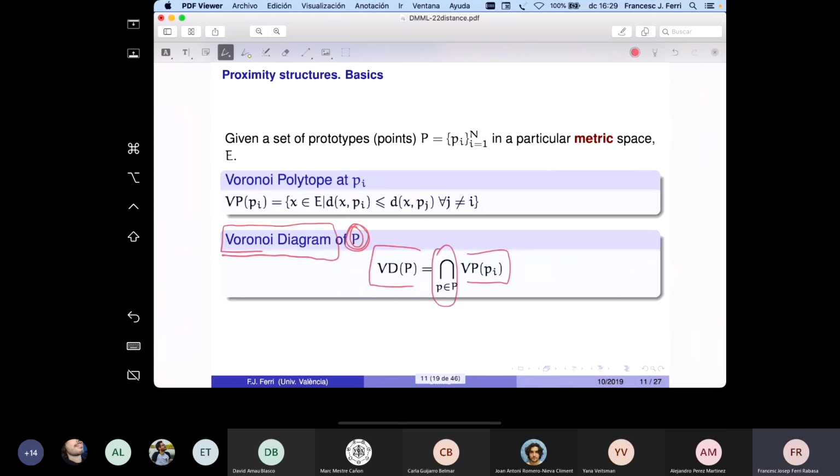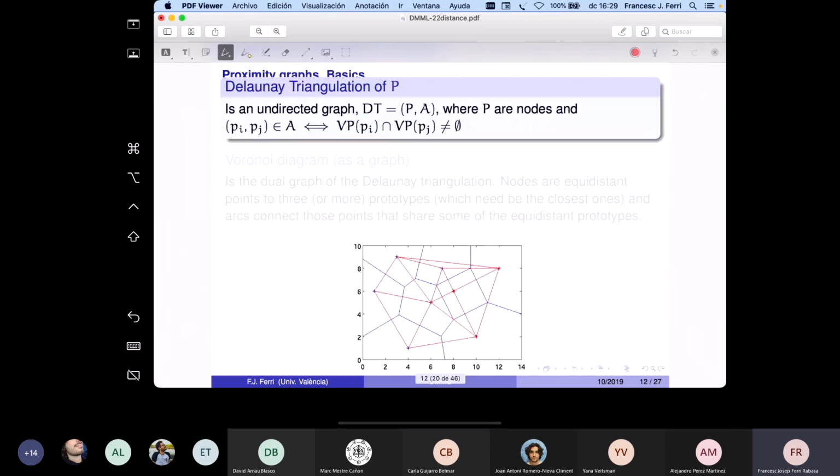Just because they exist, and just because they are important, and just because in more dimensions this diagram is quite difficult to represent, we have other instruments to do something similar. The most important of them is what we call the Delaunay triangulation.